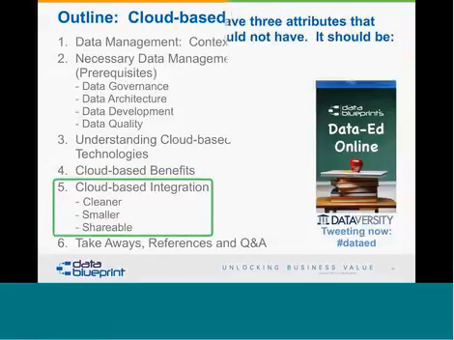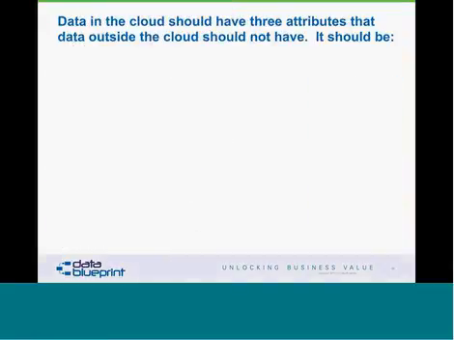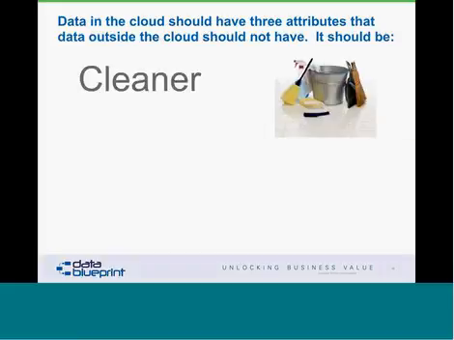So let's get to the meat of the presentation here, which is that data in the cloud should have 3 consistent attributes that data outside the cloud should not have. It should be cleaner. And this is a pretty easy argument to make. If we're going to put data in the cloud, would we want it to be of lower quality?